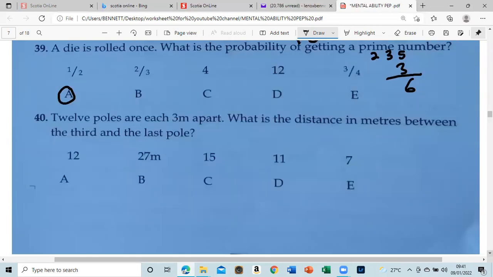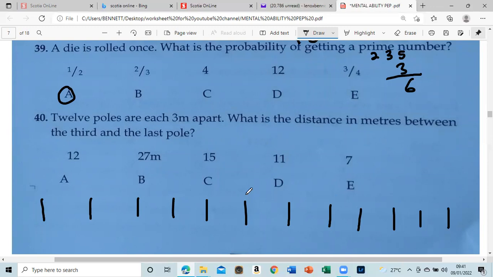12 poles are each 3 meters apart. What is the distance in meters between the third and the last pole? Oh my god, this is so tough. So 12 poles are 3 meters apart. Let us put the 12 poles. Always do the practical thing. 2, 3, 4, 5, 6, 7, 8, 9, 10, 11, 12.